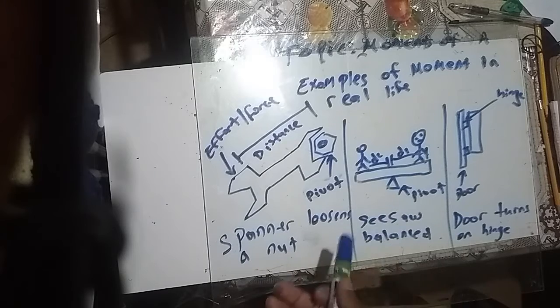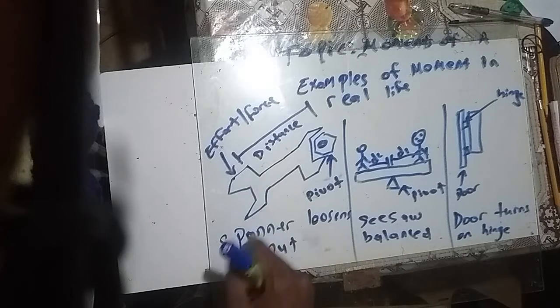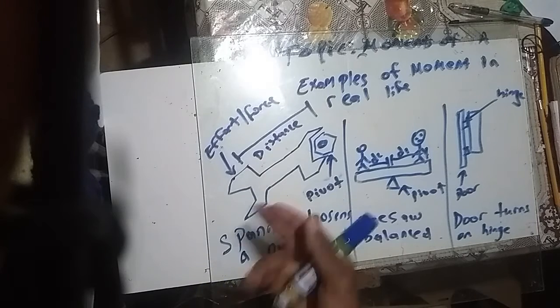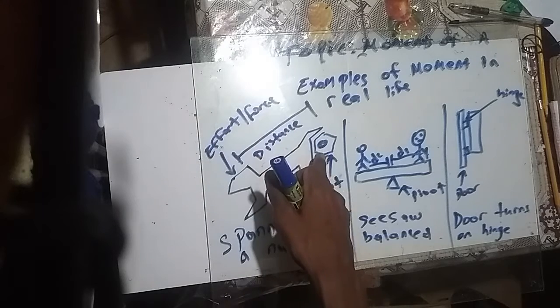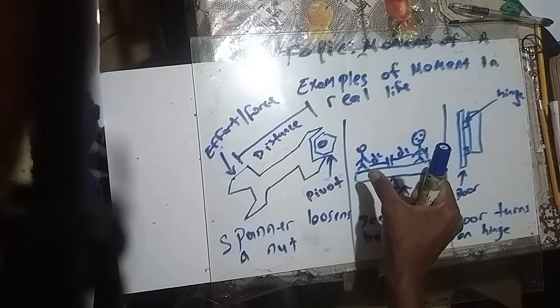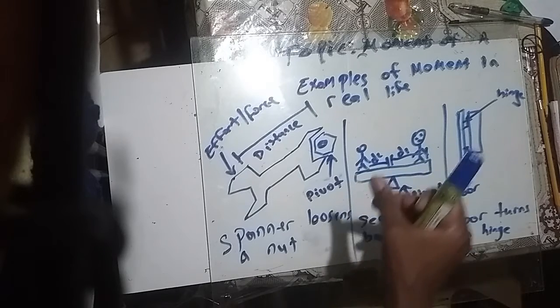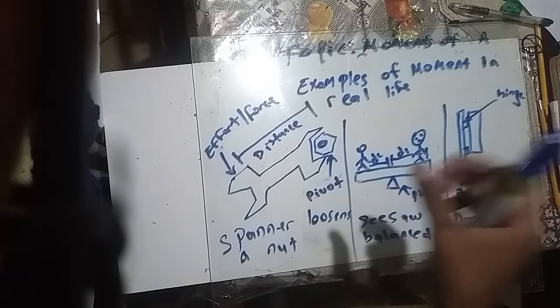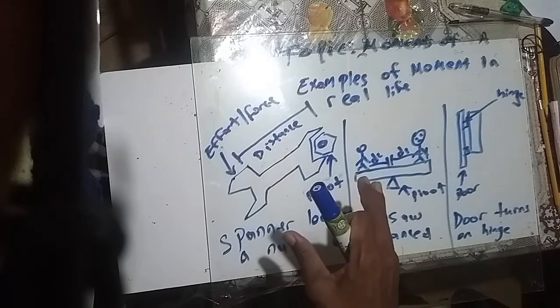I see the same thing again. When you're looking at situations like this one, it is rather easy. You ask me why I say rather easy? Because you only have one force applied to one pivot. But in this situation, we need to take into consideration something called clockwise movement and anti-clockwise movement.